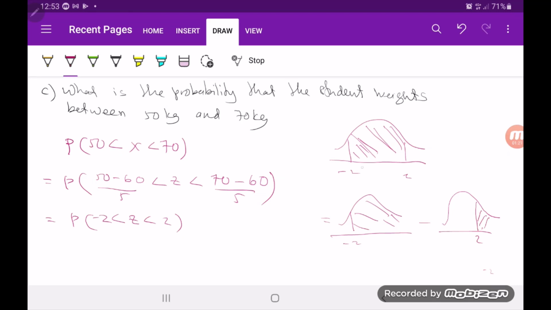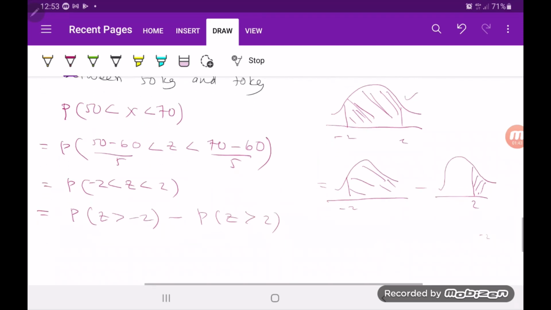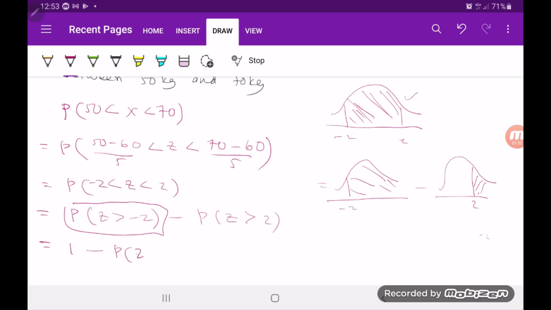So that means you can separate into parts: P(z greater than -2), following this area, minus P(z greater than 2). Okay, greater than -2 here, that means 1 minus P(z greater than 2).